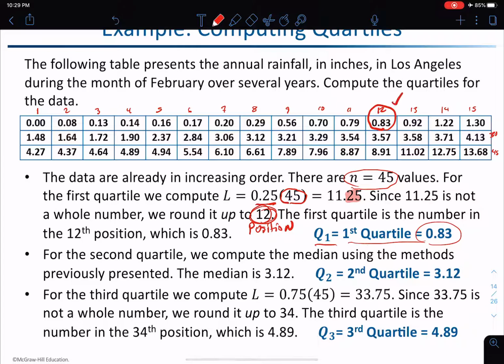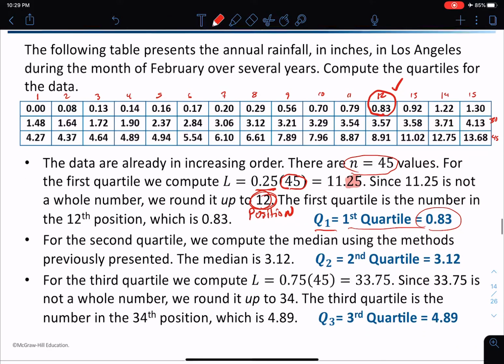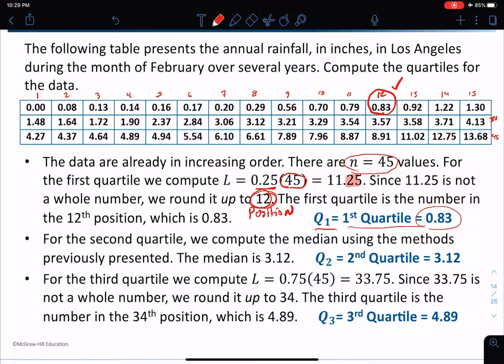Let's do the same thing. Let's do Q2. Now Q2 is just the median, so you already know how to do that. You just find the specific middle number. I'm going to jump past that one since we've done that a couple times already. But Q3 is the third quartile, right?